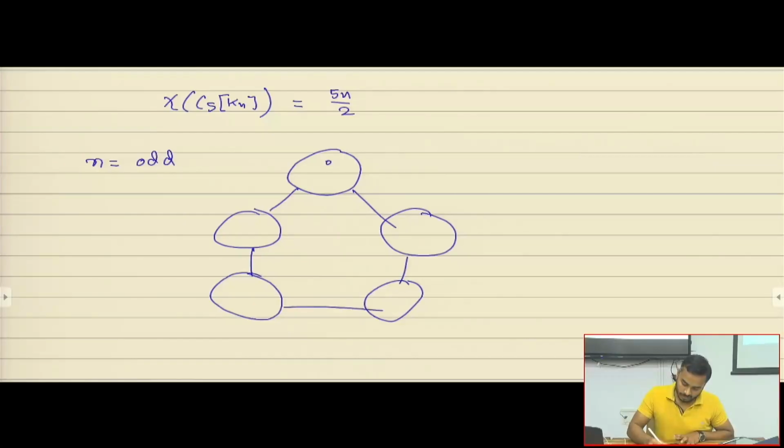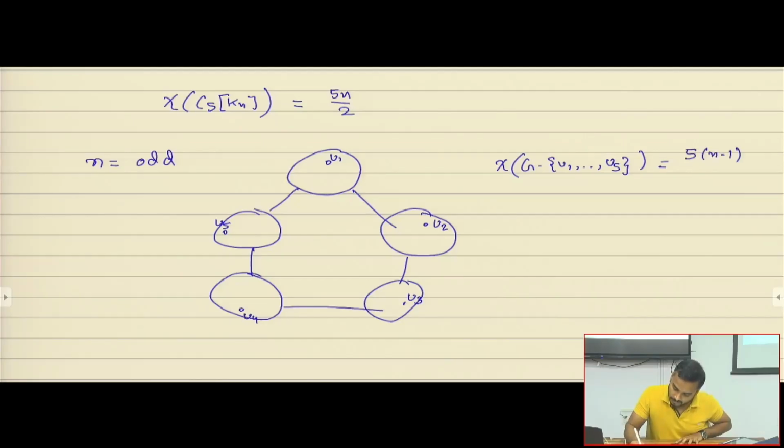We are removing one vertex from each set, say U1, U2, U3, U4 and U5. So what will be the chromatic number of this? Suppose chi of G minus U1 to U5 will be how much? 5 times (n minus 1) by 2.